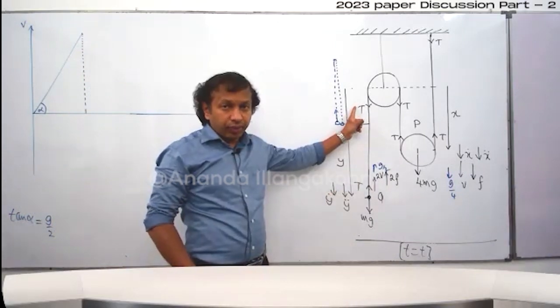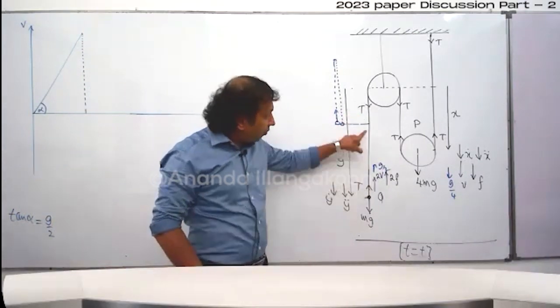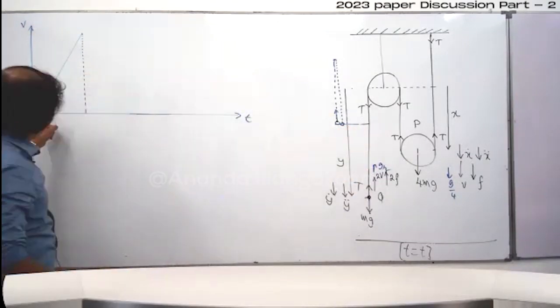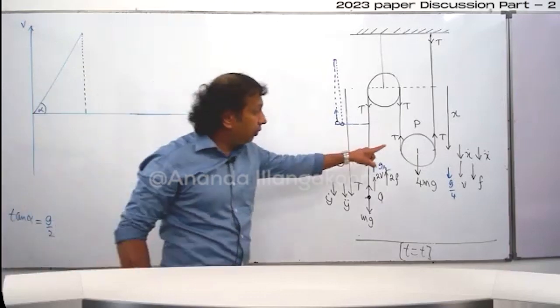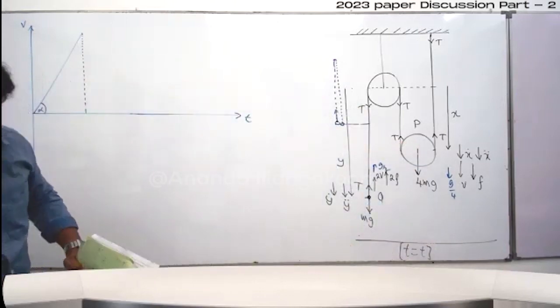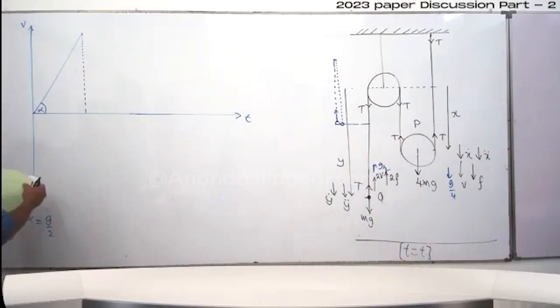So now to come to the height 2a, the time is this. During that time interval, P goes downward, the depth A, right? Then I can draw it like this.